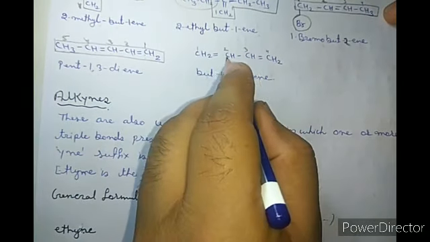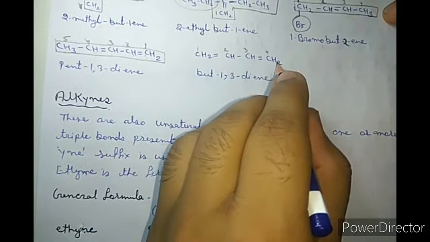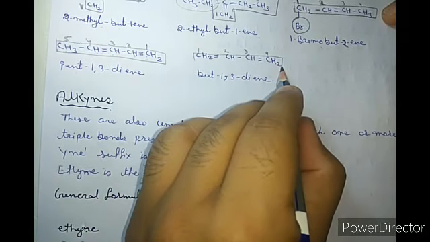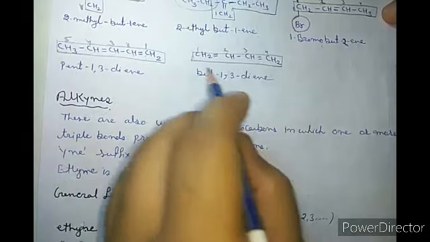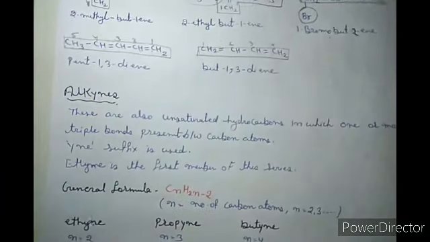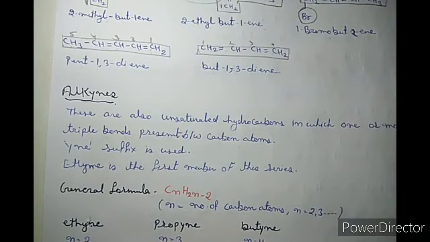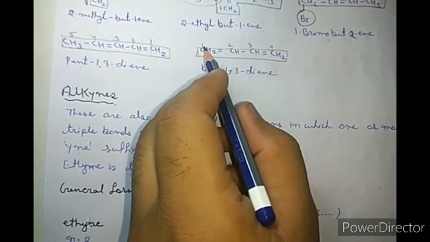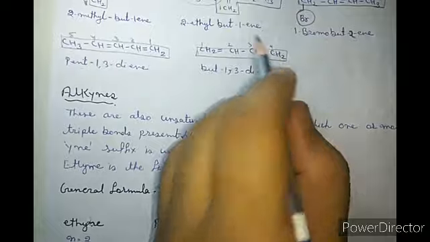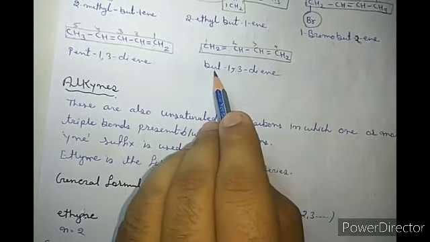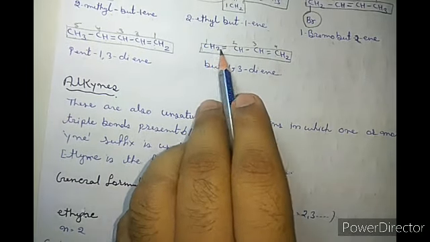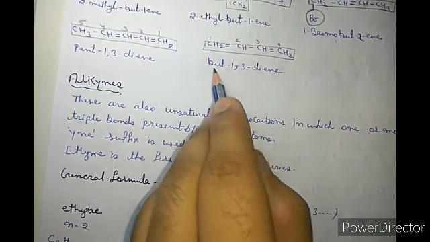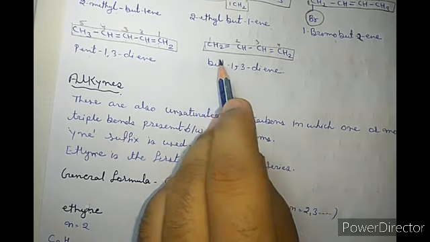Now next example. CH2 double bond CH, single bond CH, double bond CH2. Again, it is our main chain. Since both sides the double bonds are at the same position, it does not matter from which side we start. So I started numbering from that side. 1, 2, 3, 4. Since there is no other substituent, we directly write the name of the main chain.